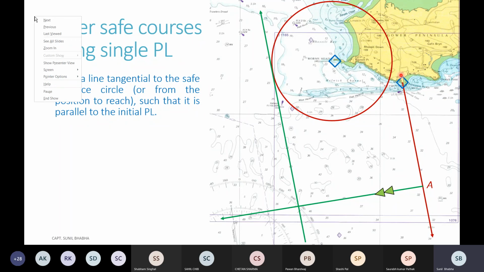In case they give us a destination position to reach and do not give us a safe distance, say somewhere here, we will not be able to draw any circle on the chart because safe distance is not given. What we will have on the chart is a particular position. So how to draw the line in that case? You draw the parallel line passing through that particular position.